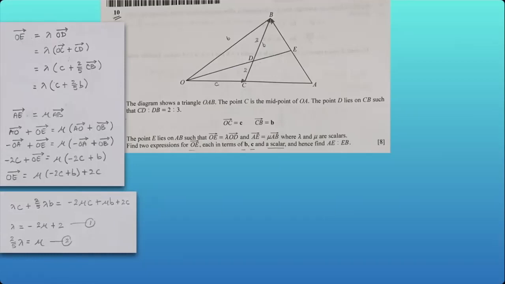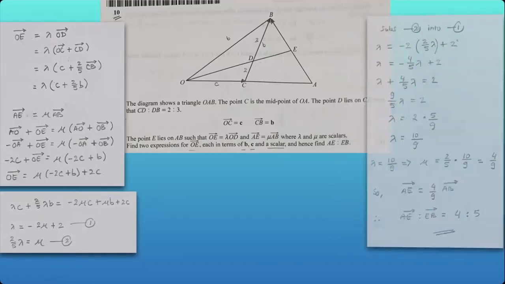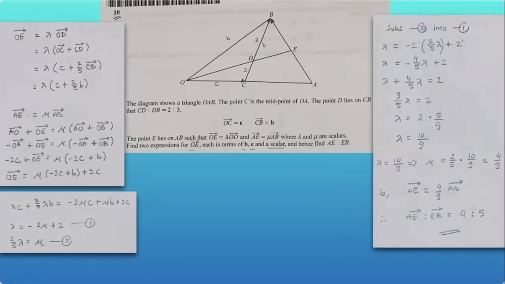So we have 2 unknowns, 2 equations, so we can solve them using substitution. Substitute equation 2 into 1 to find lambda. So lambda is equal to 10 over 9. Substitute this into either equation 1 or 2 to find mu. So scalar mu is equal to 4 over 9.